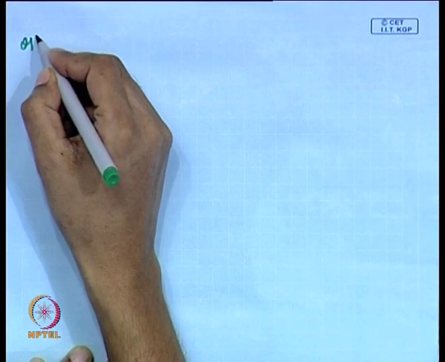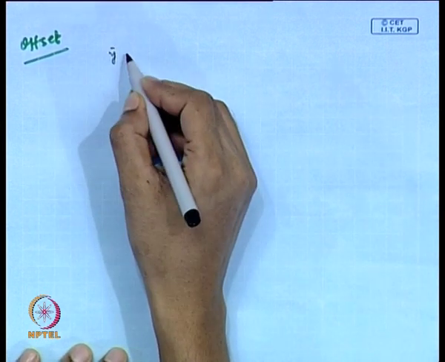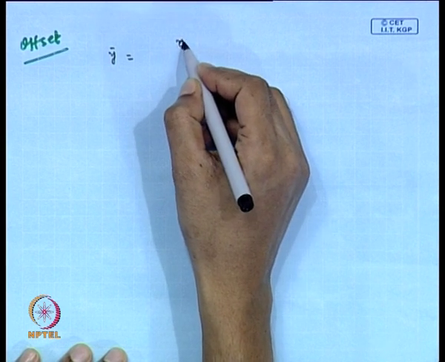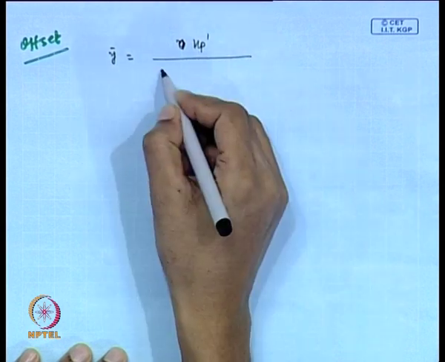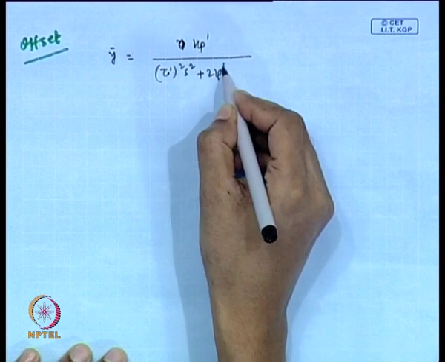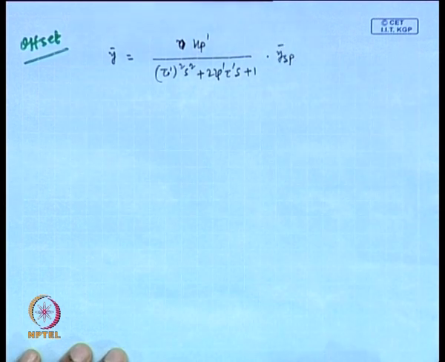Next we will determine the offset. Now, our closed loop transfer function is y bar equals Kp prime divided by tau prime square s square plus 2 zeta prime tau prime s plus 1 times y set point bar.